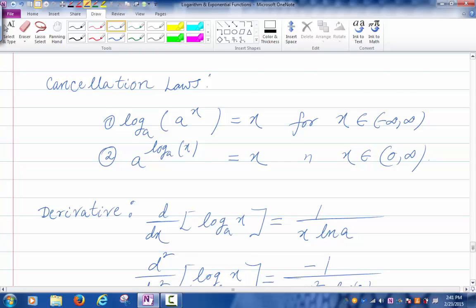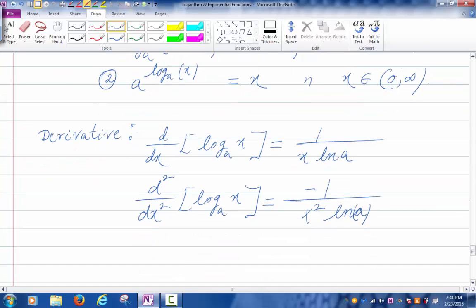What's the derivative of log base a of x? It is 1 over x ln of a. And if I take the second derivative of log base a of x, I get negative 1 over x squared ln of a.